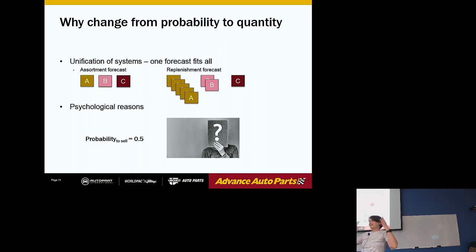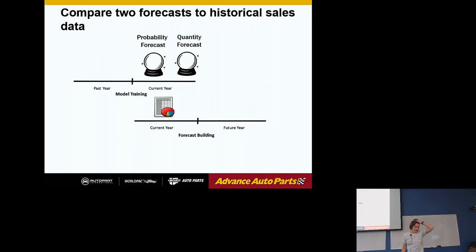Of course, selling something this year and selling something in the year after that is not independent. So we thought that there is something psychologically not extremely clear about that metric, and that it would make it much easier for the end users if we switched to quantities. And when they heard that, they said, yes, quantities we understand. Okay.